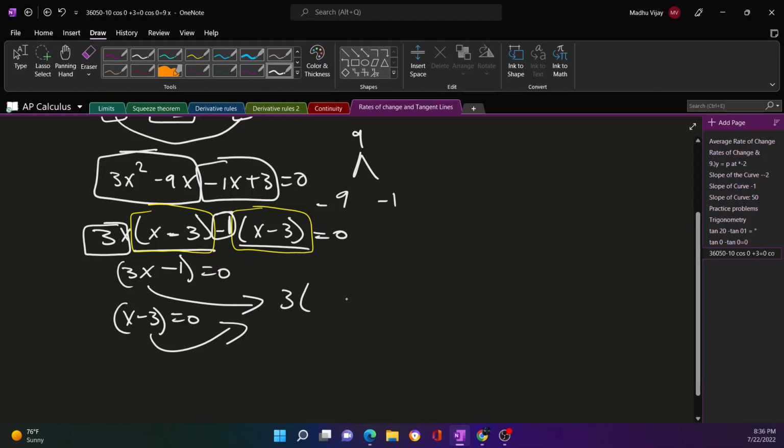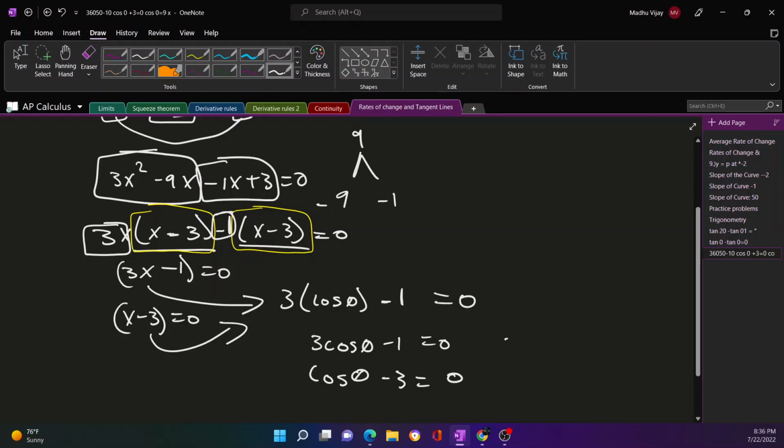So this would just be 3 times cosine theta minus 1 is equal to 0. So this is just saying 3 cosine theta minus 1 is equal to 0, and then this is just saying cosine theta minus 3 is equal to 0.